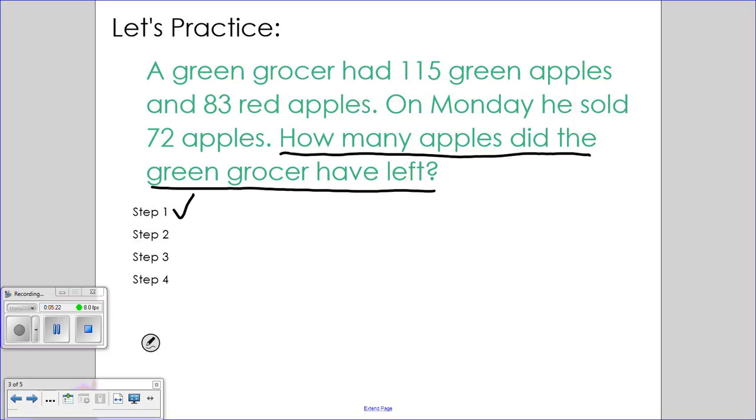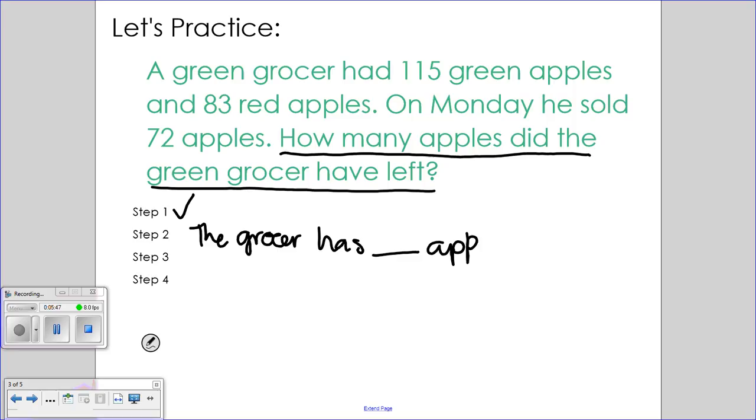What could be an answer sentence that I would write, if I were to flip that around and leave a space for my answer, Susanna? The grocer has blank what? Apples.